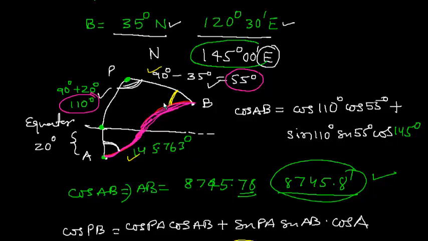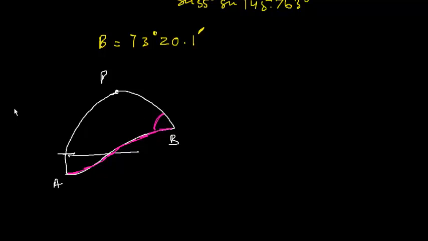So let me go up here. This is the angle B we have obtained, and now we have to find the course. So if the angle B is this, we have obtained this angle B, and this means that suppose this is your meridian, that means this line, and the ship is somewhat like this.